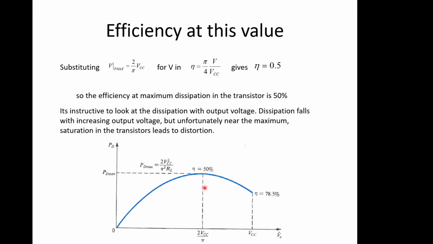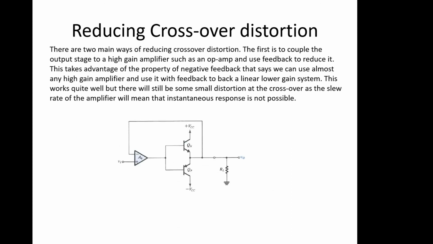So unfortunately, this means that at sensible values of volume, if you like, you're actually dissipating the maximum in the devices. So it is operating at its least efficient at volume settings which are probably sensible, but still 50% efficient. Okay, so we've improved it.